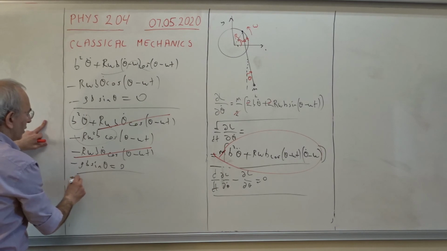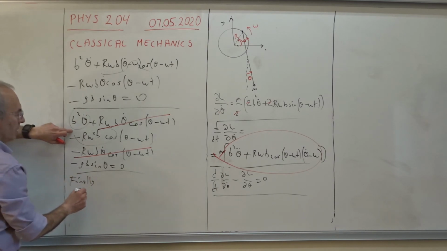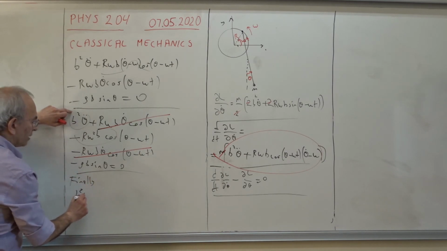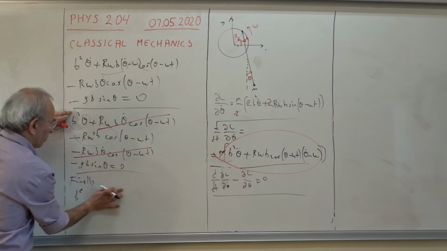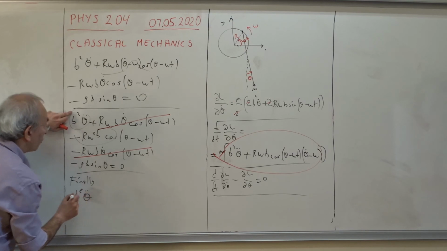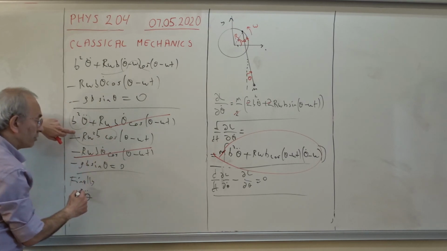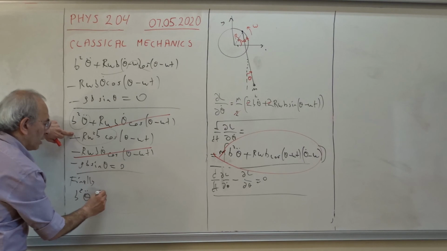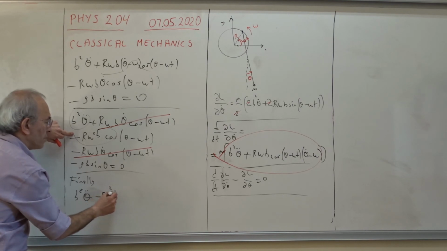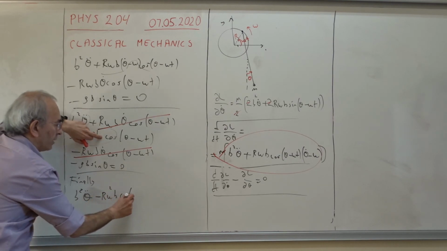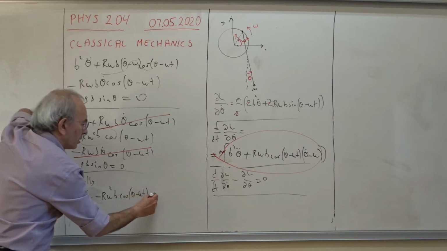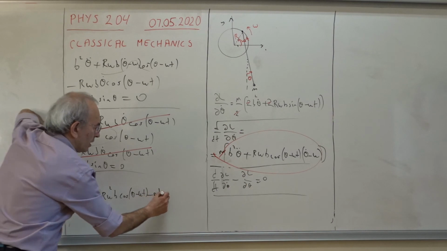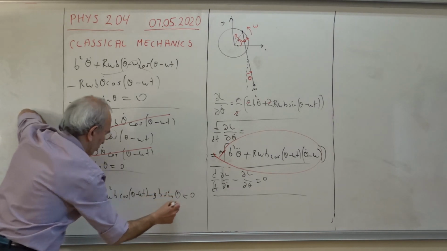So finally we get b squared theta double dot. Next we have this negative term, minus r omega squared b cosine theta minus omega t, and finally minus gb sine theta equals 0.